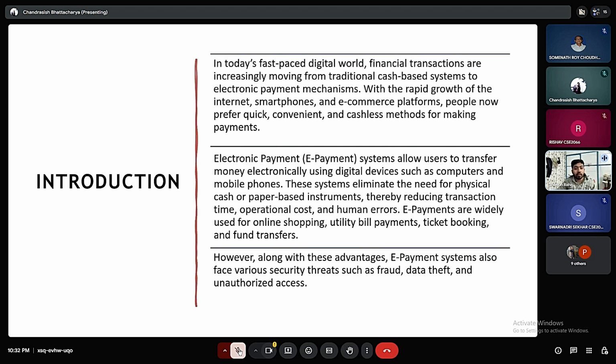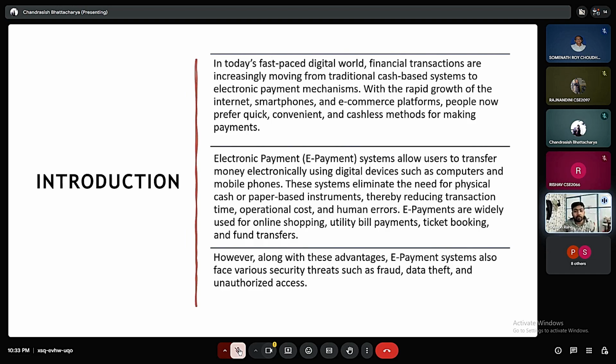In this slide, I will discuss the introduction. In today's fast-paced digital world, financial transactions are increasingly moving from traditional cash-based systems to electronic payment mechanisms. With the rapid growth of the internet, smartphones, and e-commerce platforms, people now prefer quick, convenient, and cashless methods for making payments. E-payment systems allow users to transfer money electronically using digital devices such as computers and mobile phones.